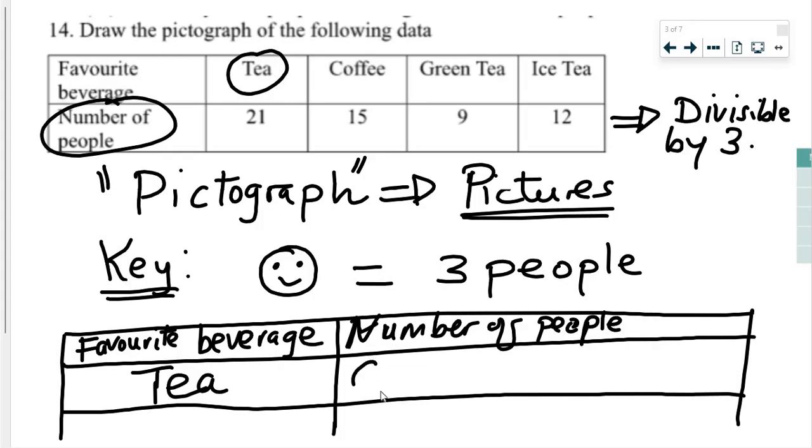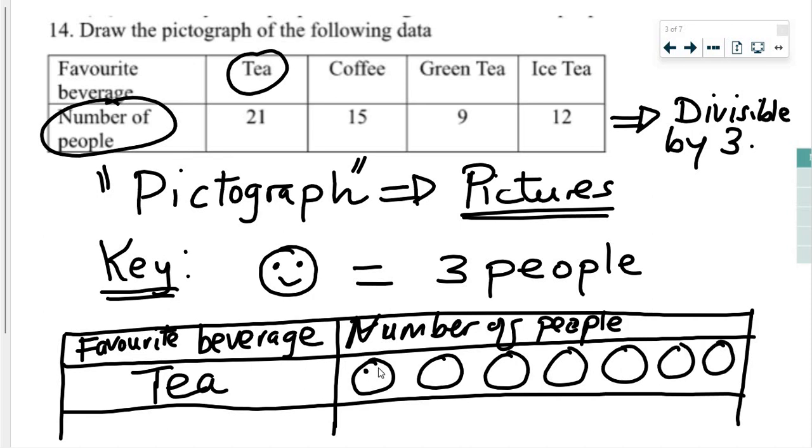So go ahead drawing 7 symbols of this kind. 1, 2, 3, 4, 5, 6, 7. Because we have said each symbol here represents 3 people.